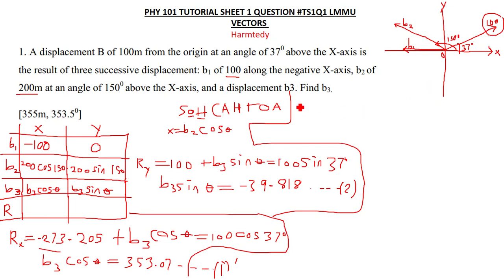Okay, so when I divide, I'm going to say b3 sine theta over b3 cos theta. So b3 sine theta we know is equal to 353.07.